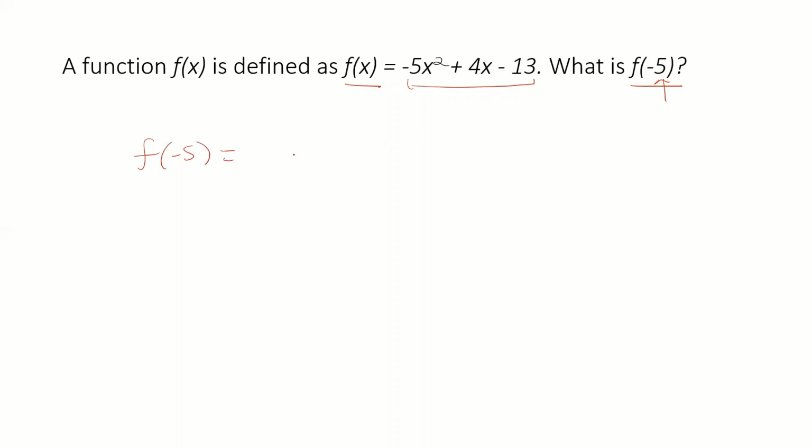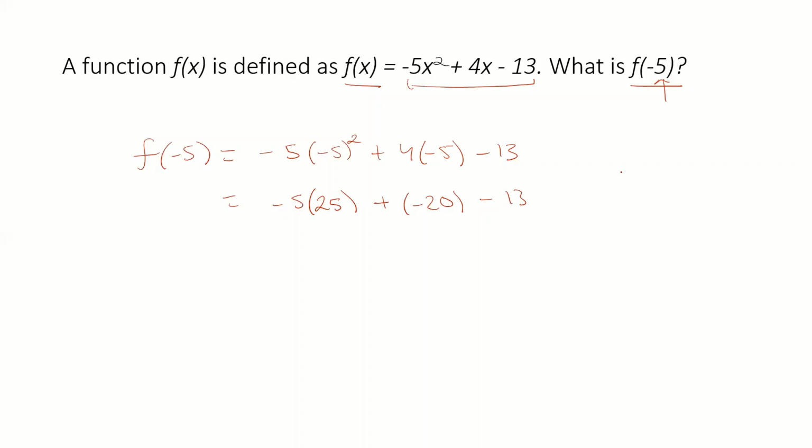we're just going to have this be -5 squared plus 4 times -5 minus 13. And so now we just simplify. So -5 times, well, -5 squared becomes positive 25, plus 4 times -5, that's just -20, minus 13.